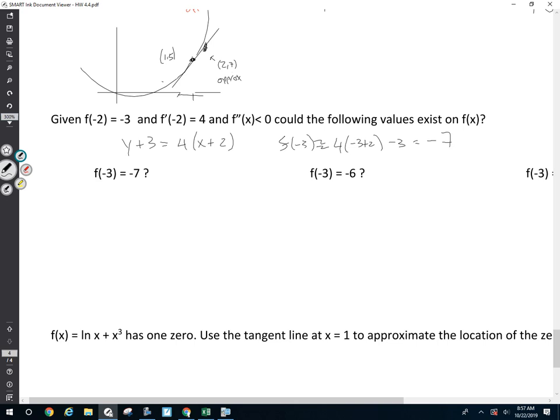So let's think about this visually. I got a point (-2, -3). A second derivative that's negative, which means I'm concave down. Maybe it's concave down, decreasing, increasing, it doesn't matter. And a tangent line. My tangent line is going to be over. So I'm looking at -3. This is -2. I'm looking at -3.